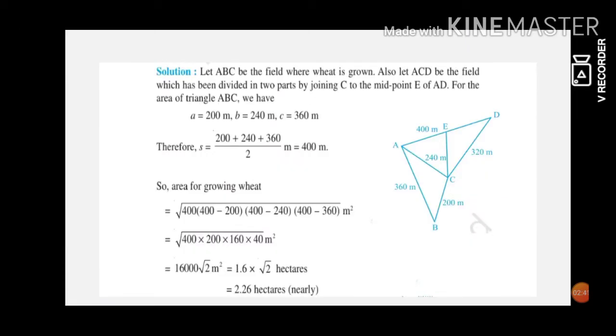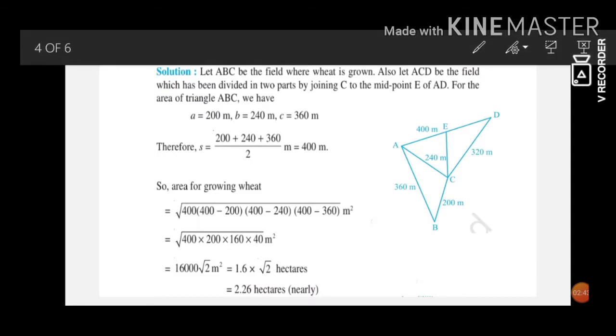So this is the diagram. Here ABC is the field where the wheat is grown. And ACD is a field which has been divided into two parts by joining C to the midpoint E of AD.